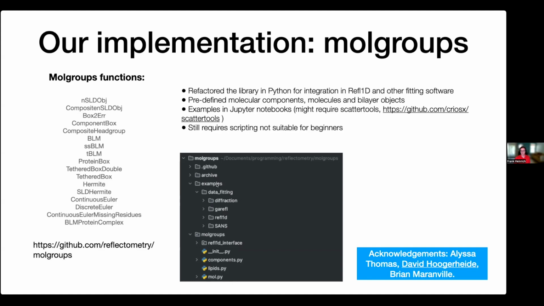Those examples are in Jupyter notebooks, meaning that to use composition space modeling, our package is still a lot of scripting. It is easy for somebody who's familiar with those kinds of things, but it's still quite a barrier for new users to start using it, and so that's something to note.